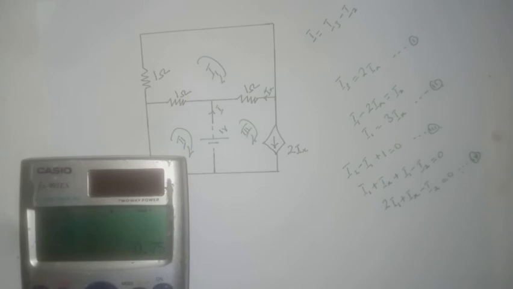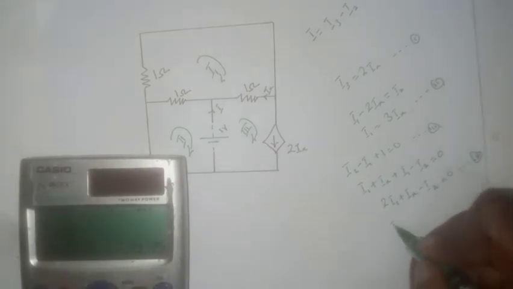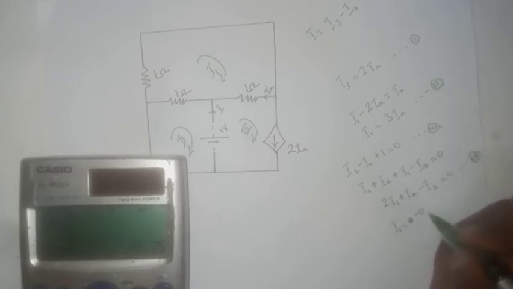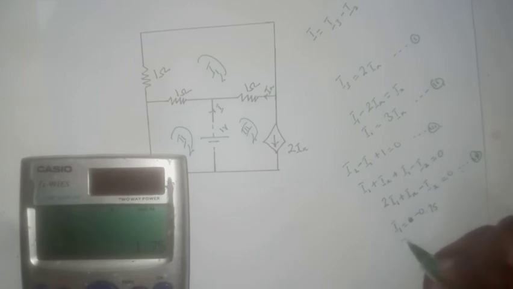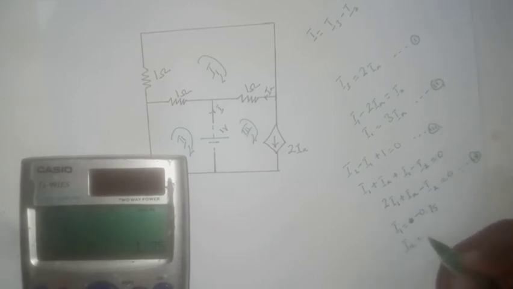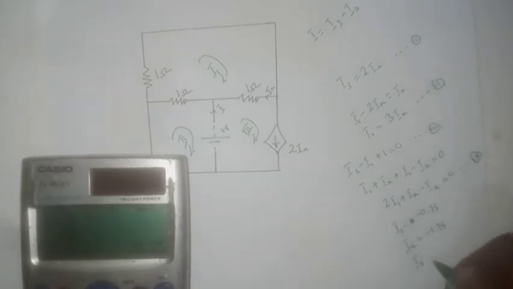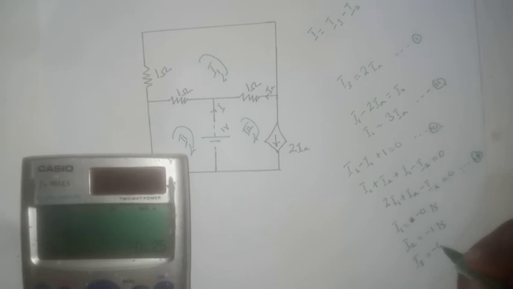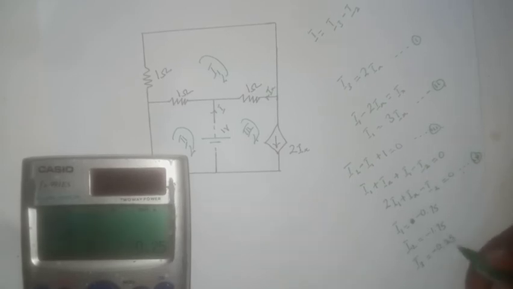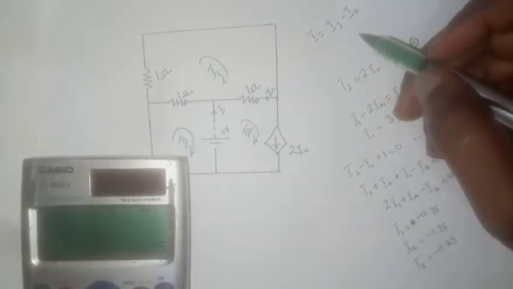With this, we know that I1 is minus 0.5, I2 is minus 1.75, and I3 is minus 0.25. We're interested in finding I3 minus I2.